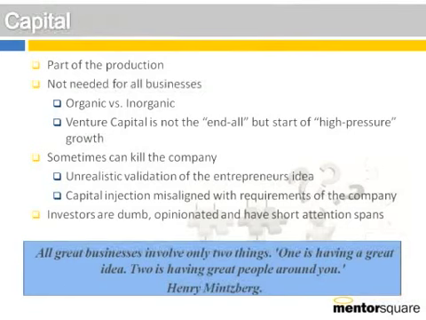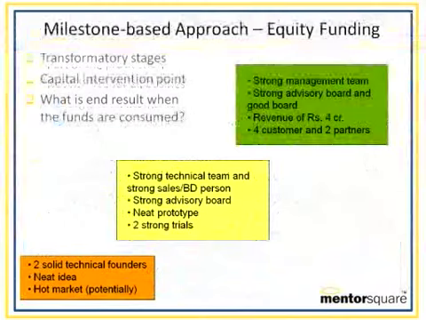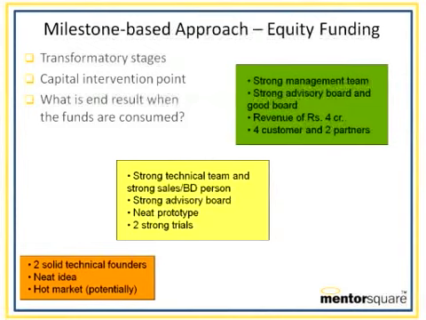And then the final slide I would like to go to is the milestone based approach, which, in equity and to a large extent debt as well, is for you to look at your companies as a whole series of steps that you're climbing to get to where you need to get to. Every step is very distinctive, in the sense that the first step is not like the second step.